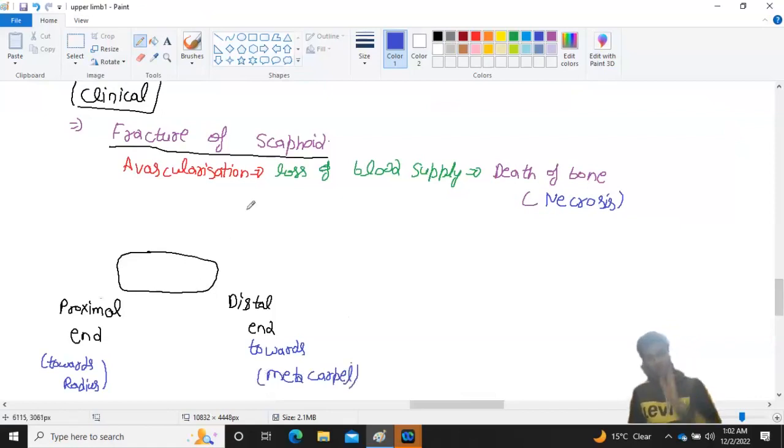Then अब देखिए it has two nutrient foramen. Nutrient foramen is a canal through which any blood vessel enters. So first it has two nutrient foramen like this, from which blood vessels enter. One is proximal end and one is distal end.